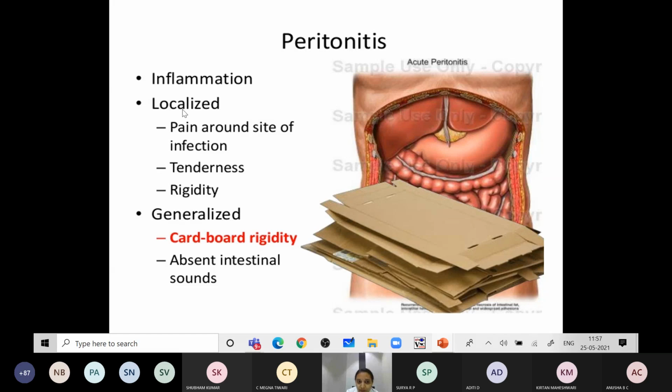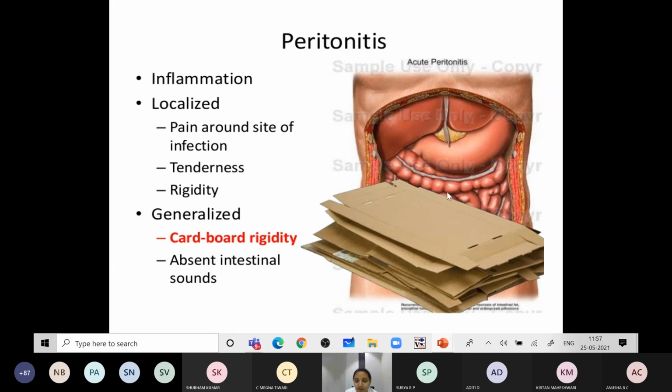Whereas the pain will be there before pressing, because of infection or inflammation at the site. And as the pain will be there, the abdominal wall muscles contract to localize it, which causes rigidity in the muscles.